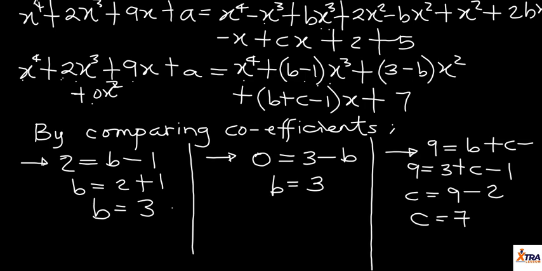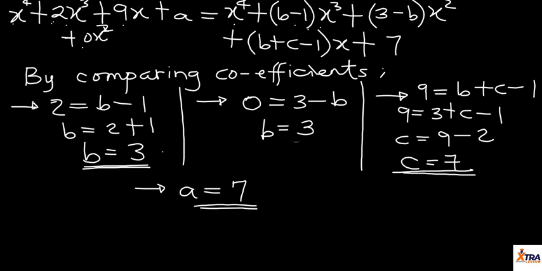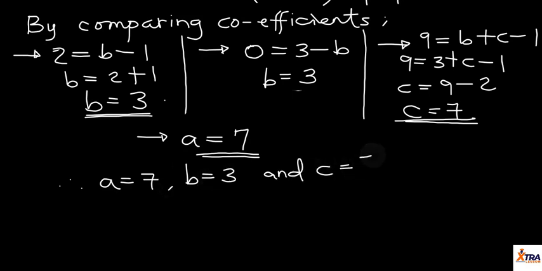My c is 7, and comparing the last one, the constant, my a is equal to 7. So I've gotten all my values of a, b, and c, and then I can round it off and say, therefore, a equals 7, b equals 3, and c equals 7.